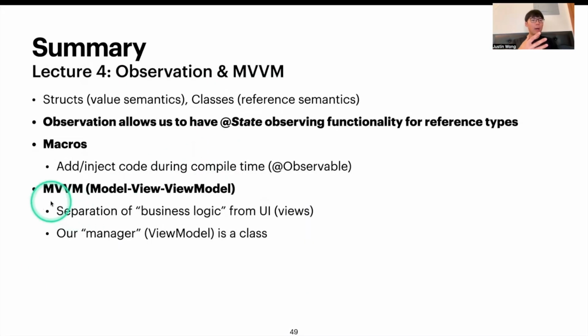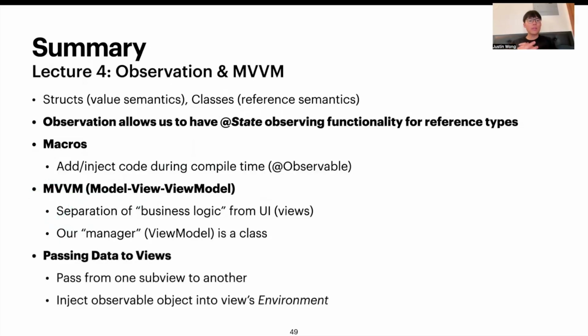And we learned how we can separate concerns, where we separate the business logic from our actual UI views. So MVVM stands for model, which is our data models, view, our SwiftUI views, and the view model, which acts like a manager that has instances of those models that our views can interact with. And we could see that we could pass data from one subview to another, and we can inject an observable object into the view's environment.